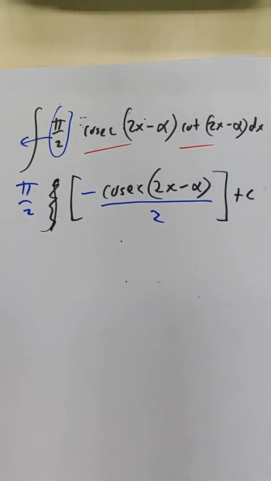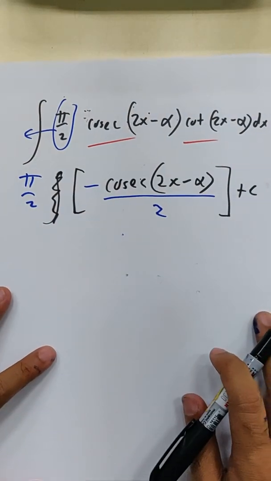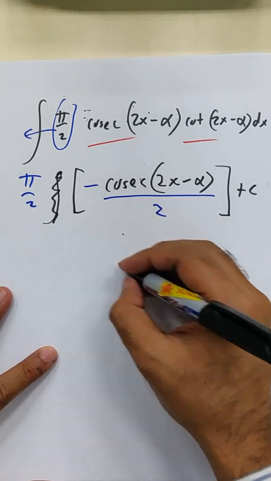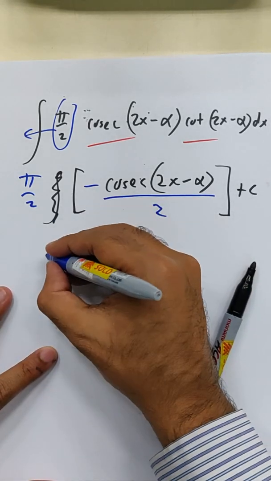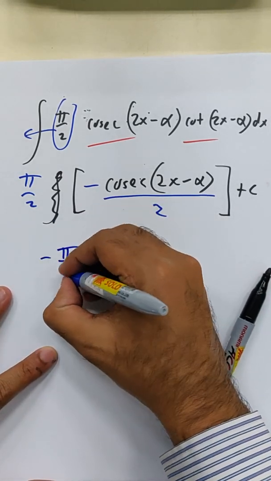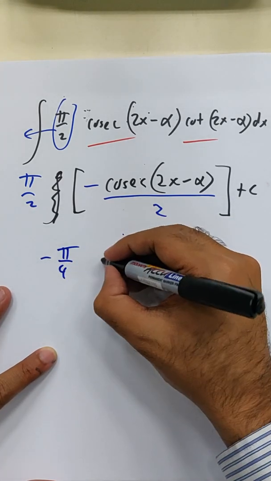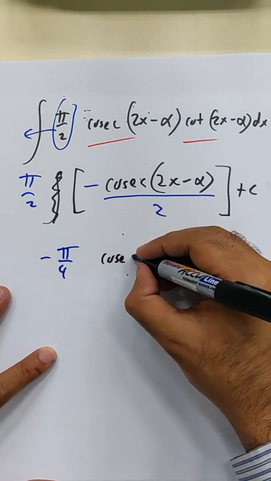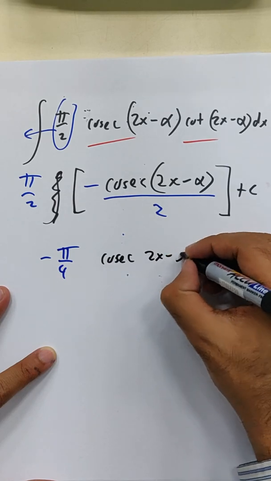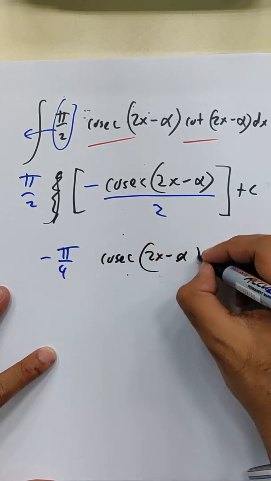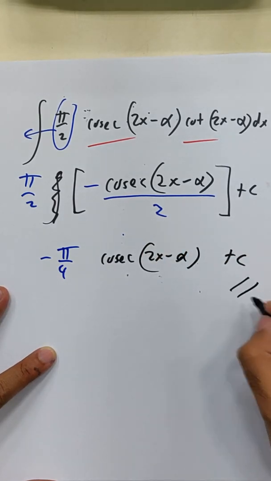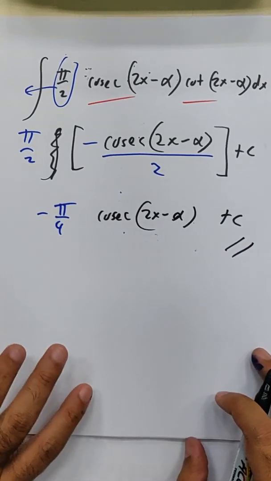So how should I leave my answer? Well, it can be more negative pi over 4 cosec 2x minus alpha plus c.